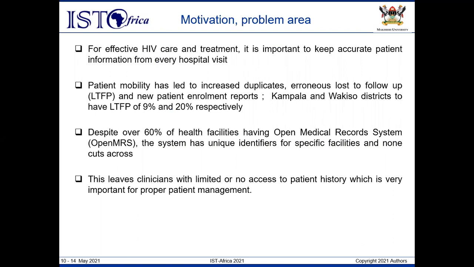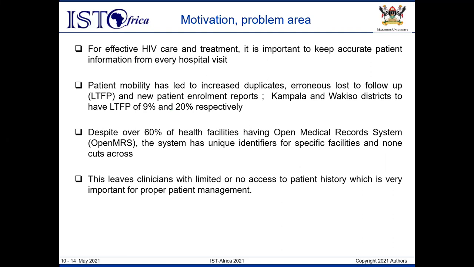For effective HIV care and treatment, it is always important to keep accurate patient information from every hospital visit, including information to do with transfer in and transfer out. In most cases, patients move from one health facility to another for different reasons.